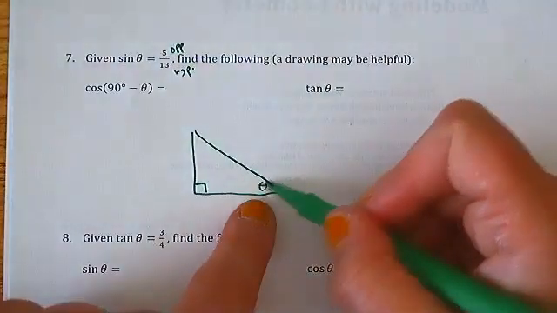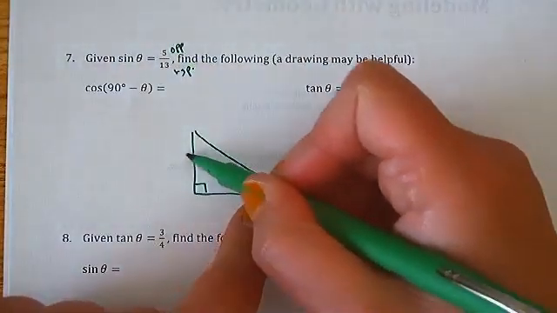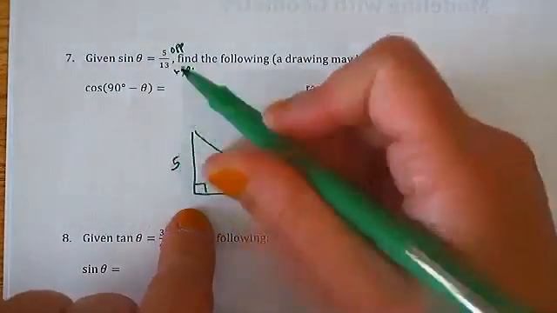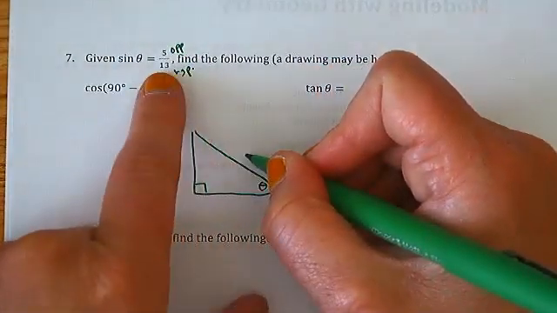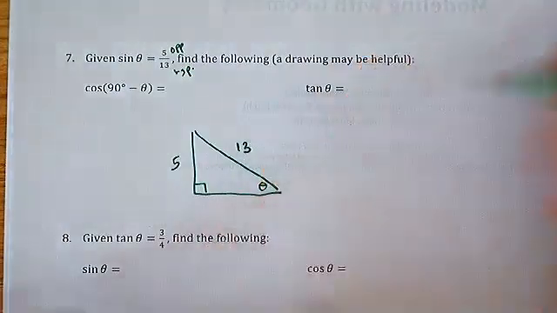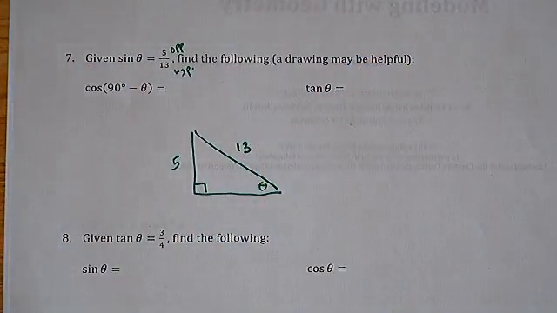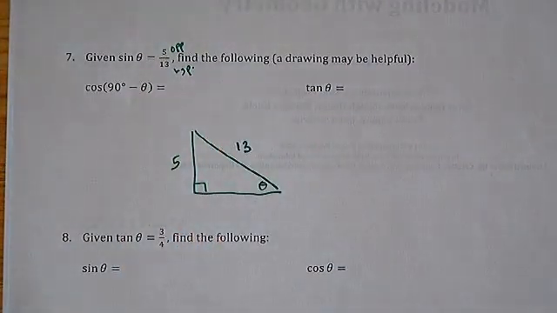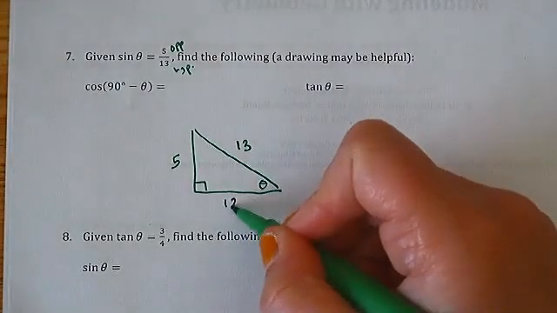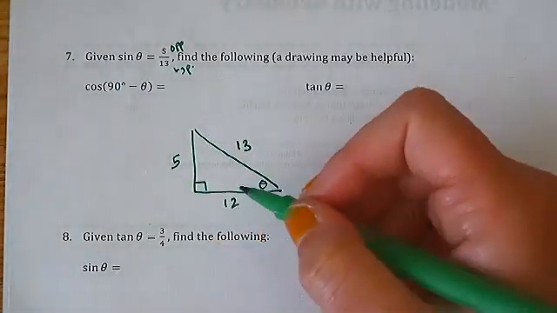So that would mean from our angle theta, the opposite side is going to be 5, and then the hypotenuse side is going to be 13. Okay? So then you could use the Pythagorean theorem to find the third side, which would just be 12. And that's how you'd find the missing side.